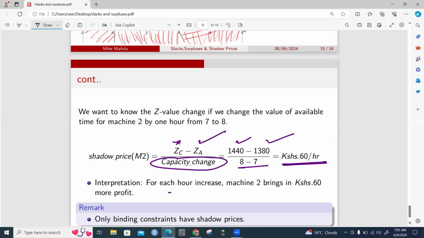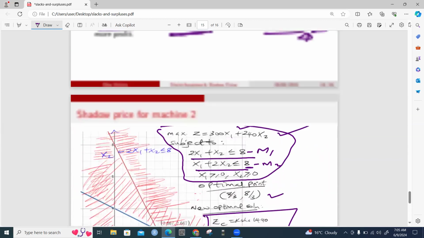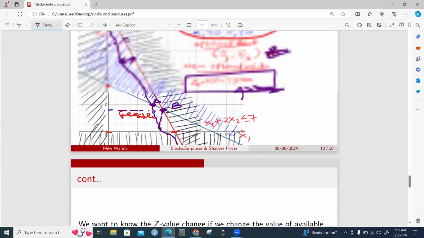So what this means is that for each hour that we hire machine 2, it is able to fetch 60 shillings as profit for the company.